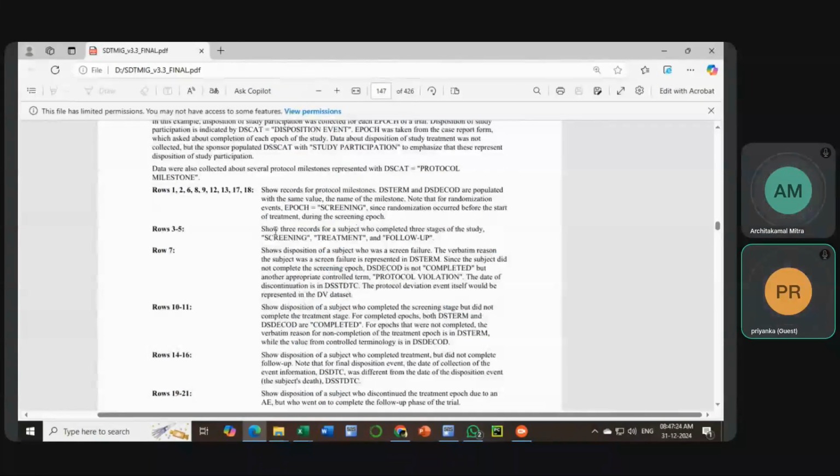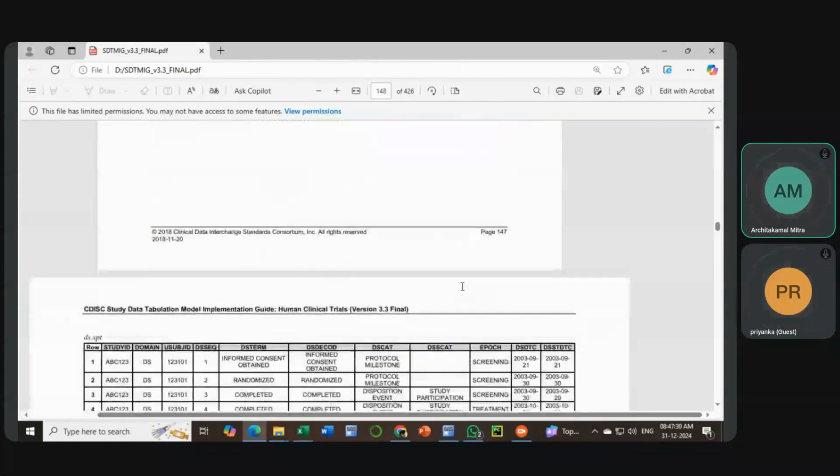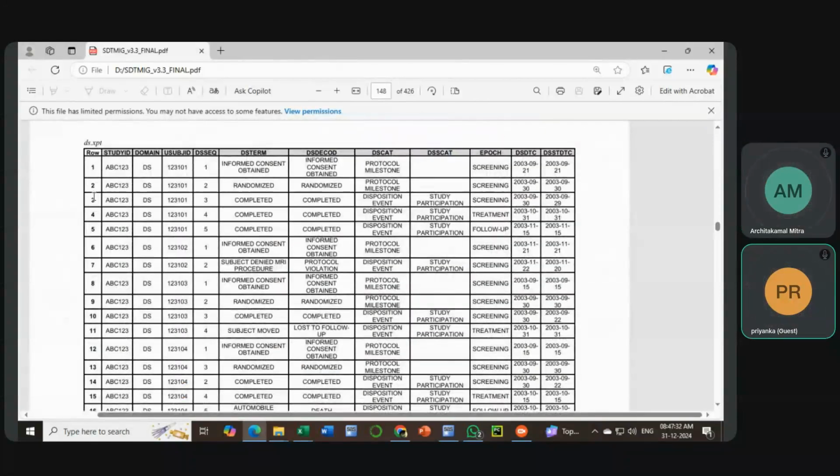Let's see rows 3 to 5. These show 3 records for a subject who completed 3 stages of the study: screening, treatment, follow-up. This is subject ID 123101.